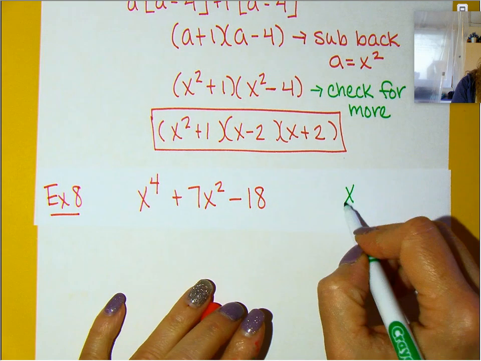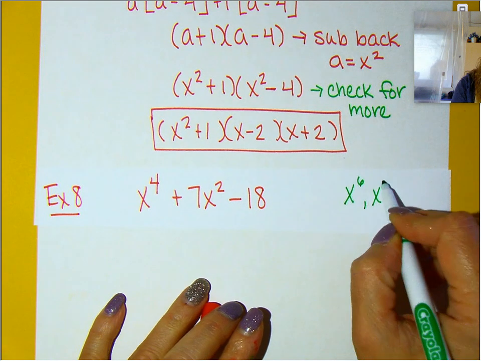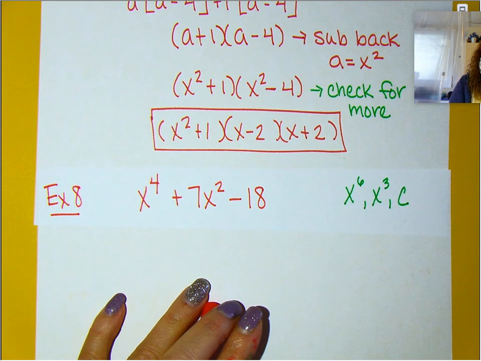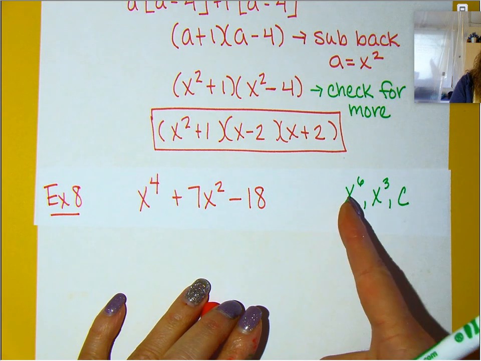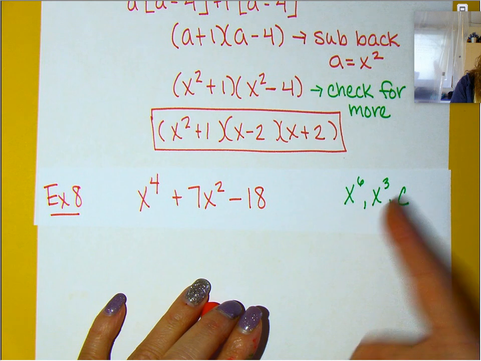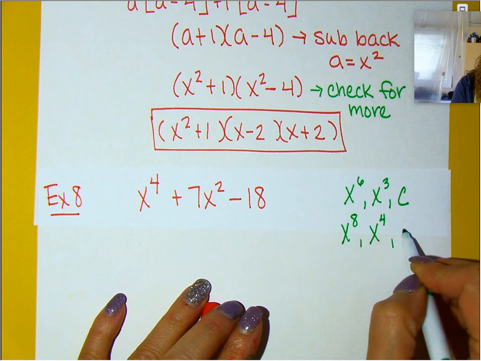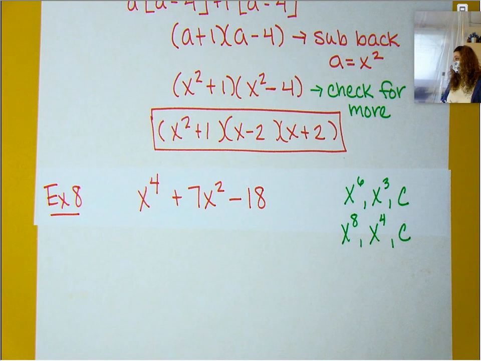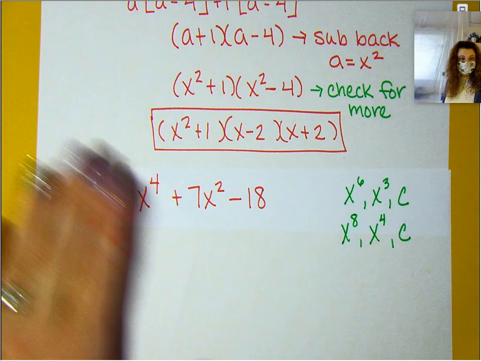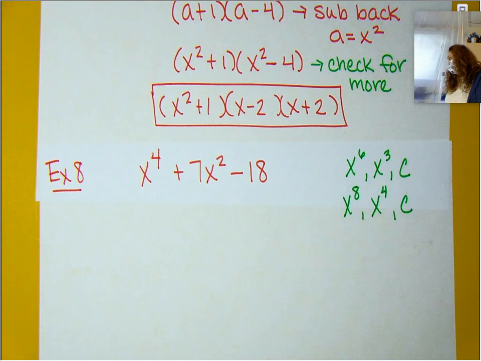You can use the same method with a 6th, a 3rd power, and a constant. Anything where the first power is double that of the second one. So you could do x to the 8th, x to the 4th, and a constant. I don't think those are in the book. I don't think those come up, but just an FYI, same concept applies. Kind of cool. All right, give that one a try.